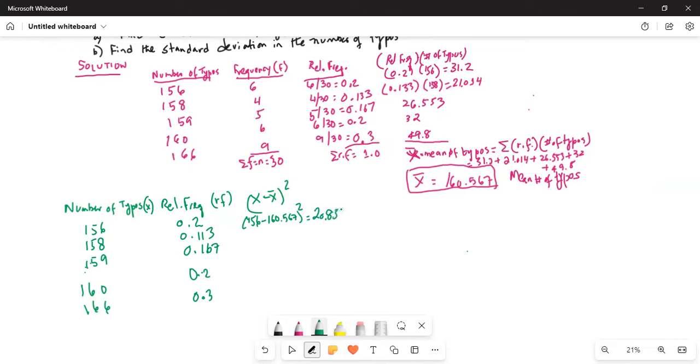And we will repeat the process. So the next one will be 158 minus 160.567, close the bracket, then square it by pressing the x square, it's 6.589.